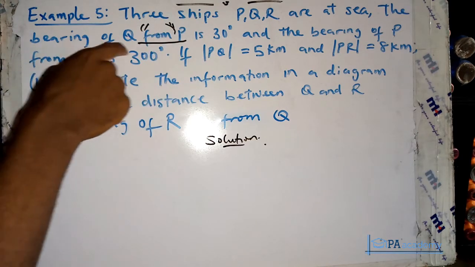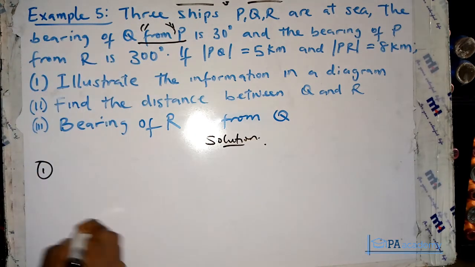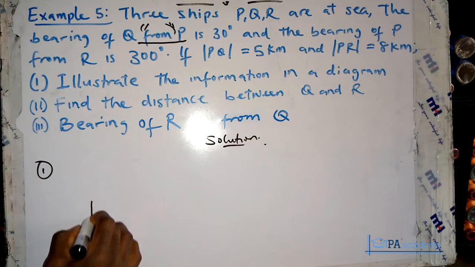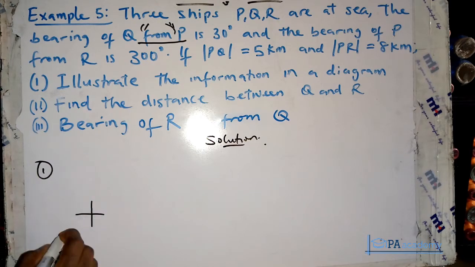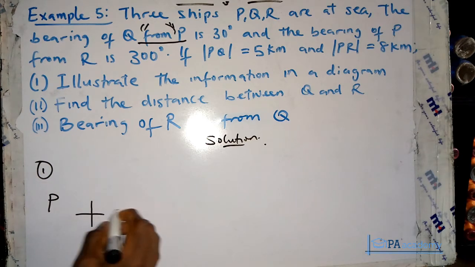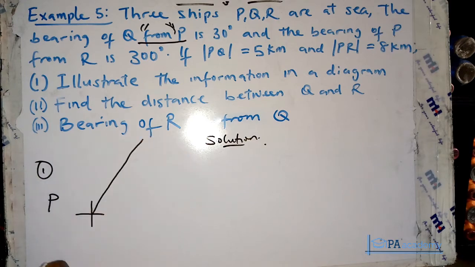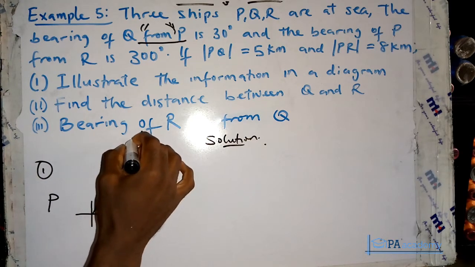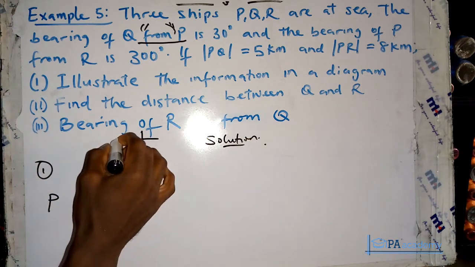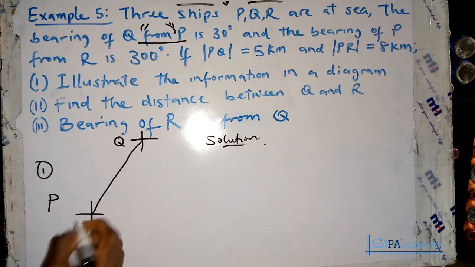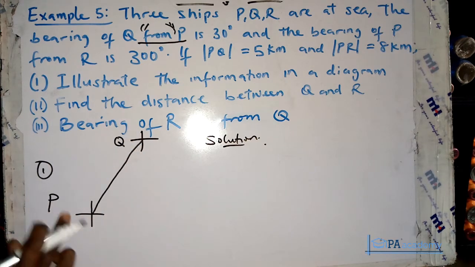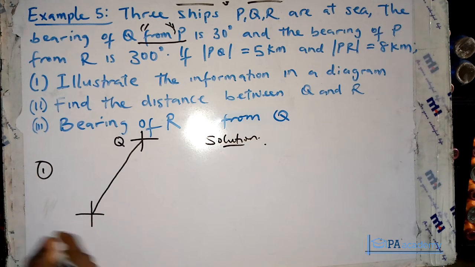So the bearing of Q from P means you are starting from P. So let's take this point as our P. It says it's 30 degrees, so 30 degrees should be like this. Let's mark this. This will be our Q. Don't forget, this is P and this is Q.